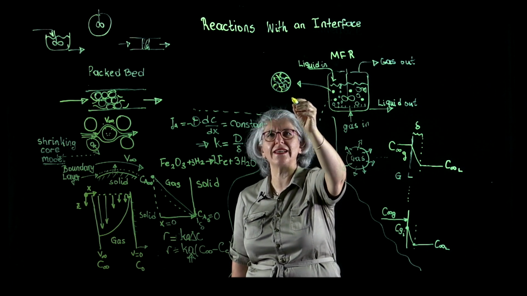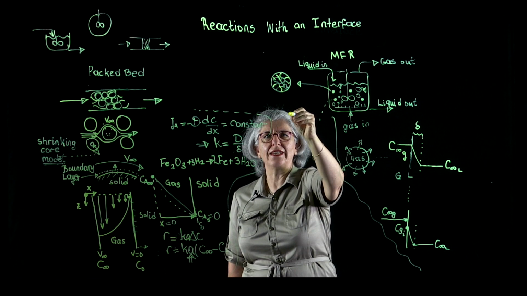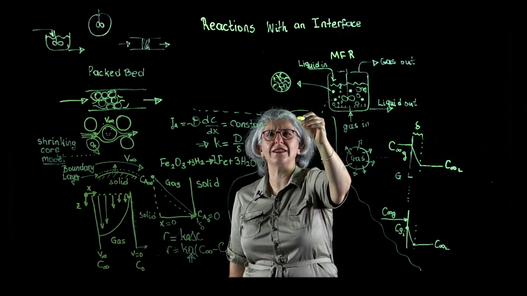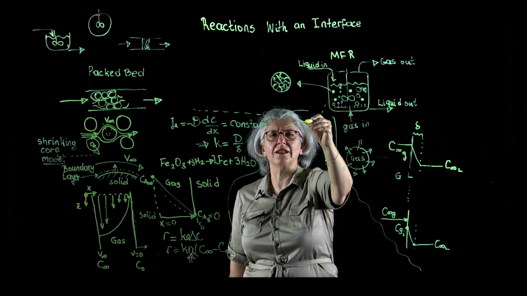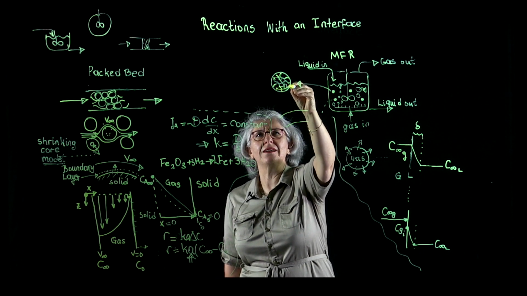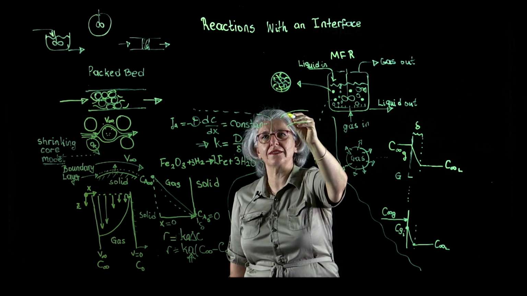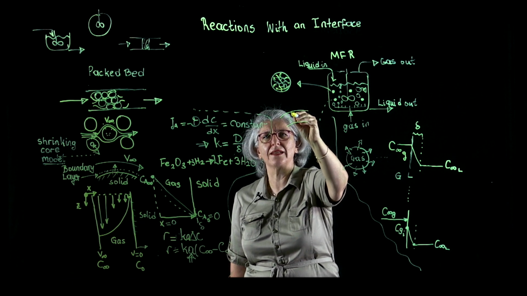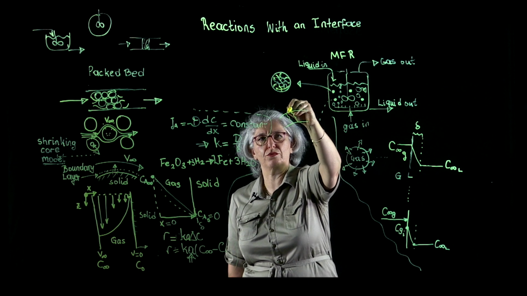Now let's get close-up pictures. First I will look at the catalyst domain by cutting a slice on the outer edge of this catalyst. We are going to have macropores.